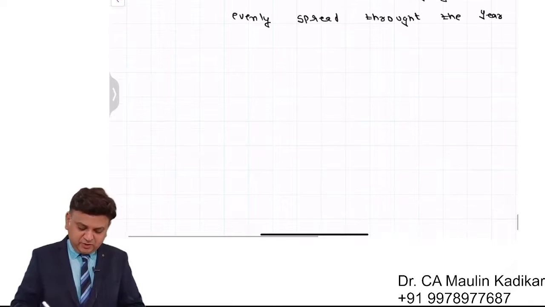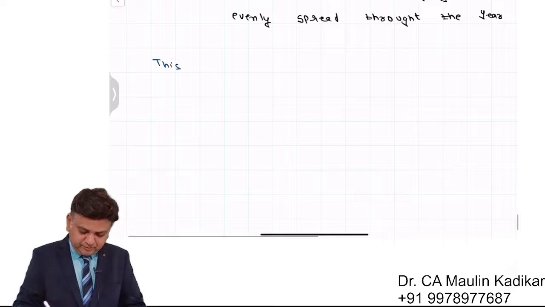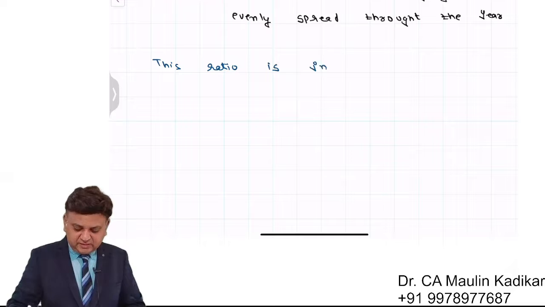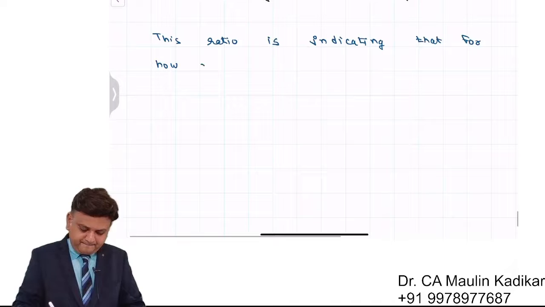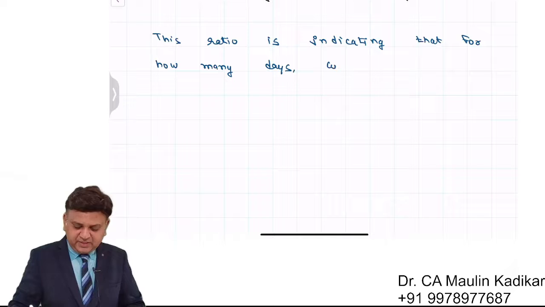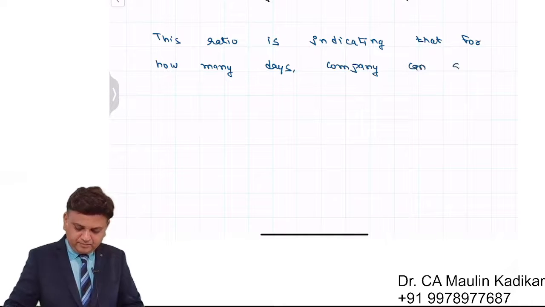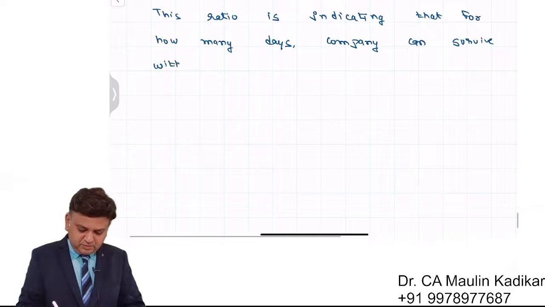Don't write anything, let me explain to you. This ratio is indicating for how many days the company can survive with the existing cash reserve.